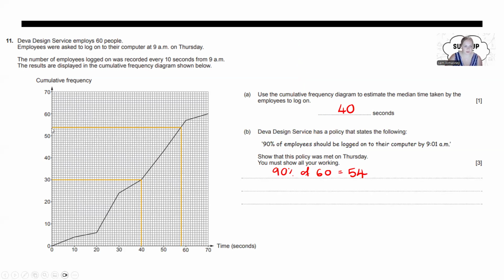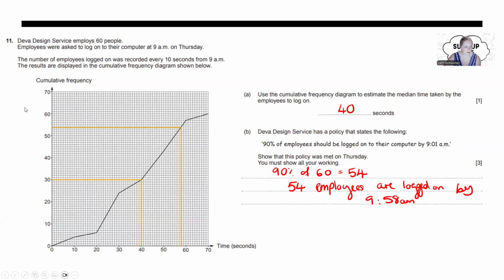I've gone from 54, so I've drawn a line across and straight down, and you can say 54 employees are logged on by 9:58. And that gives me enough reason to suggest that that one is done.